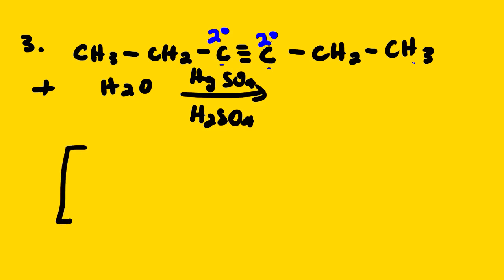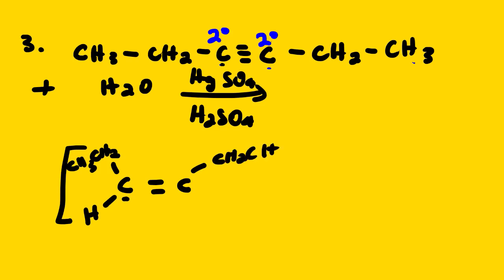So we can just go ahead and we have CH3, CH2, CH3. Then I'll put hydrogen here, and then this carbon, it's this one. Then I put CH2CH3, and then we have our OH here. It's an enol.